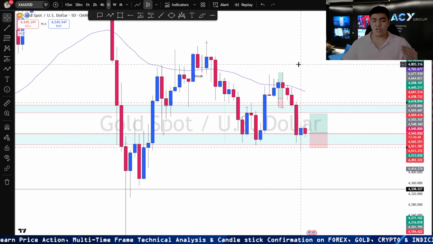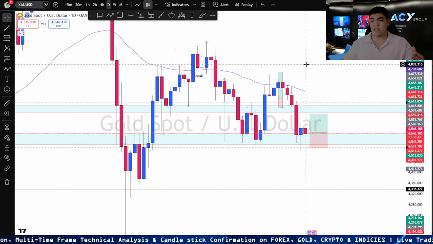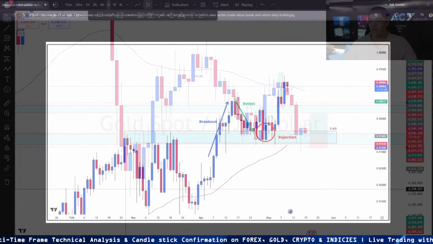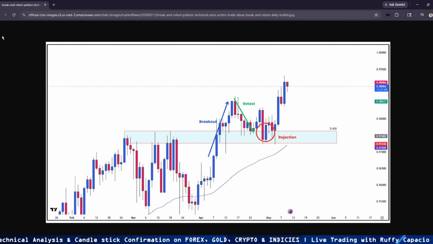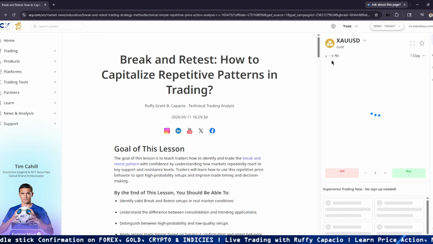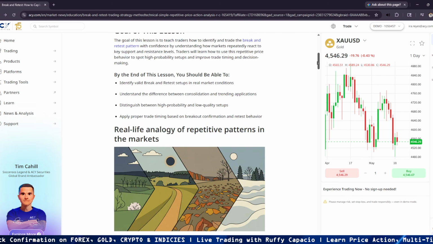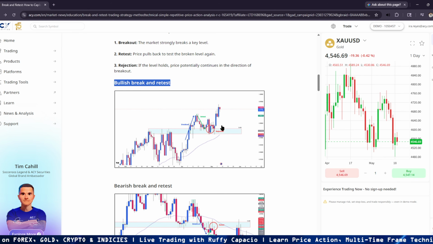Now, let me show you how a break and retest works in a bearish scenario. Let's look back at this educational post that I made about the break and retest pattern. What I have shared with you guys is the break and retest pattern in a bullish scenario, because this is a bullish break and retest, right?